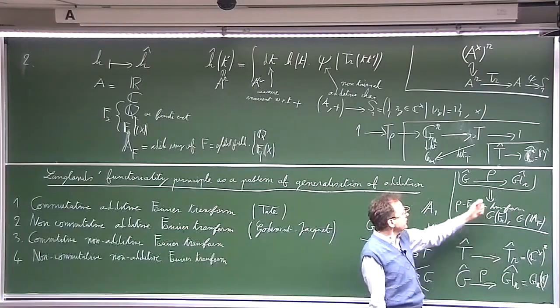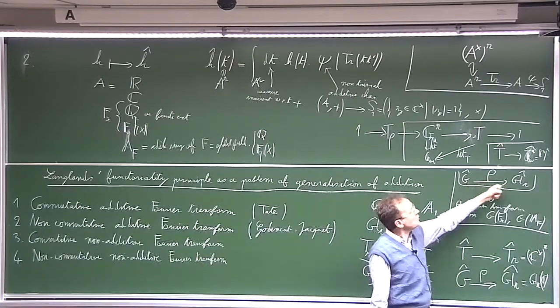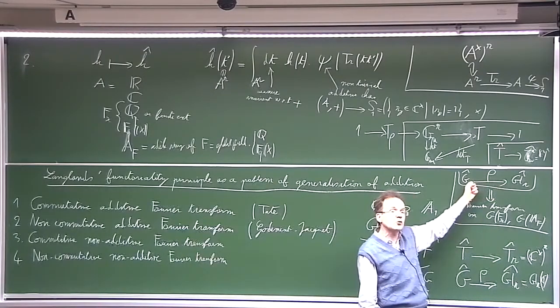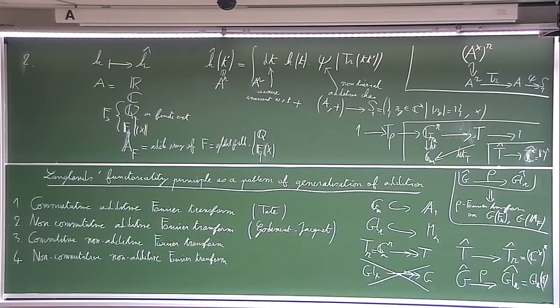There should exist as many Fourier transforms as there are representations of the dual group of G.